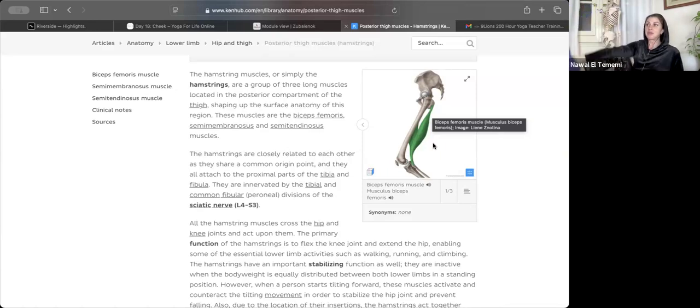Remember, all these muscles are threads and fascia stacked on top of each other.